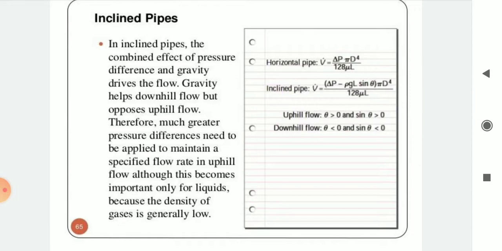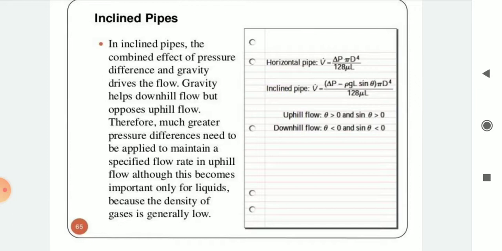Therefore, much greater pressure differences need to be applied to maintain a specified flow rate in uphill flow, although this becomes important only for liquids because the density of gases is generally low.